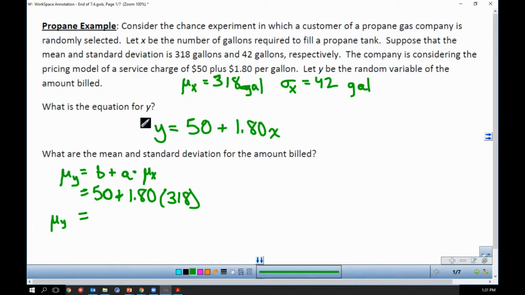Mr. Schultz, why did you switch from A and B to B and A? On the example that you gave us, up top it was A plus B times mu x, but this one shows B plus A times mu x. Oh, my bad. I just got confused.